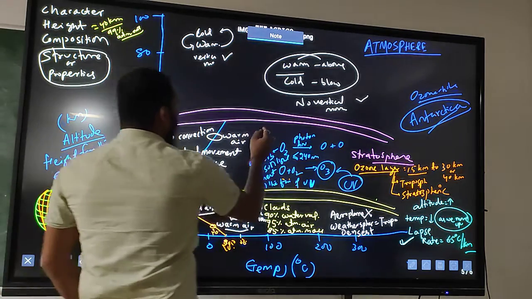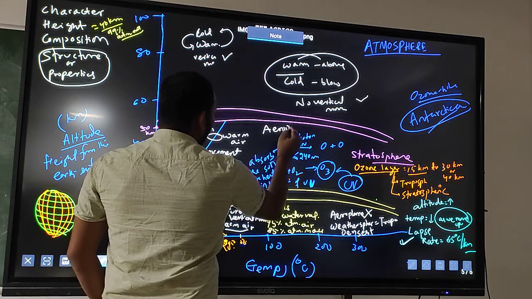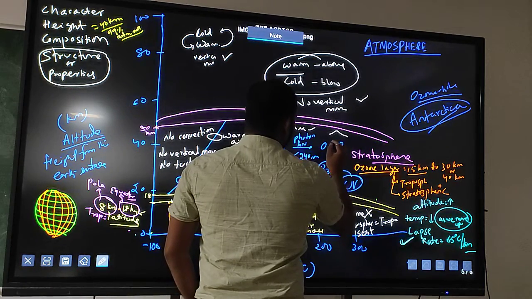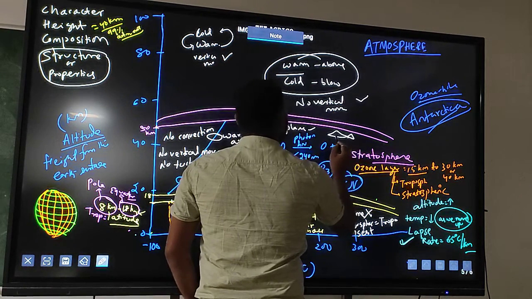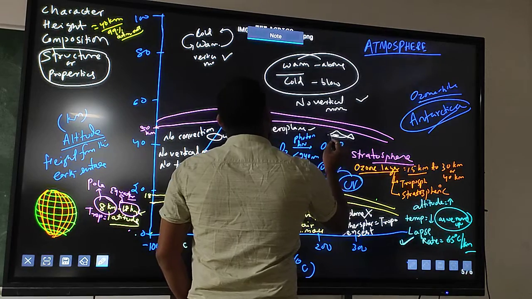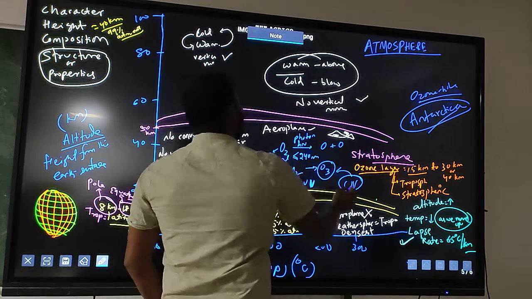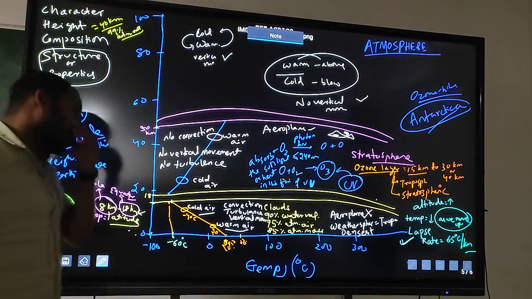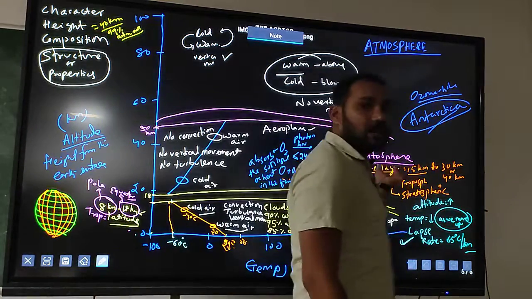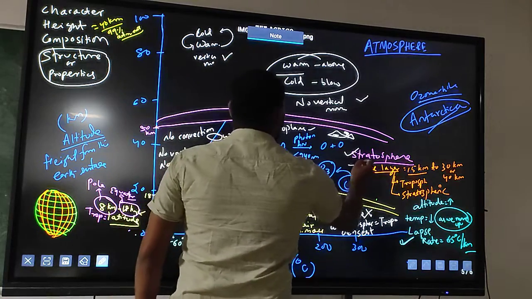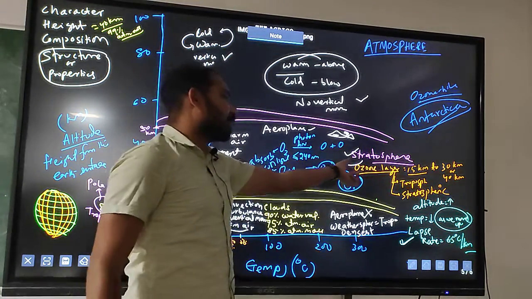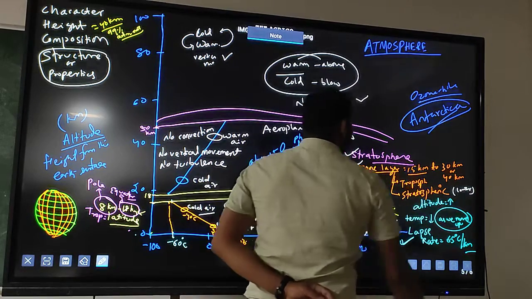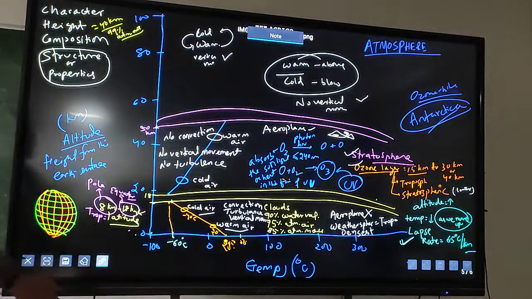That means an aeroplane can move in the stratosphere zone. Always remember, the ozone layer is present in the stratosphere zone. Most of the ozone layer is present in the lower stratospheric zone.